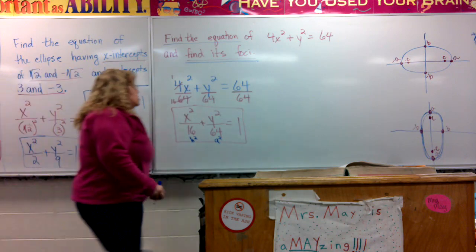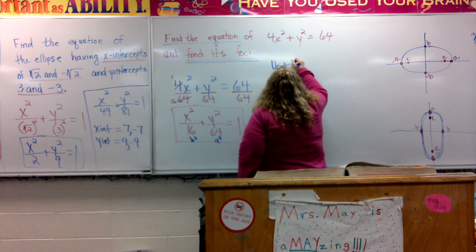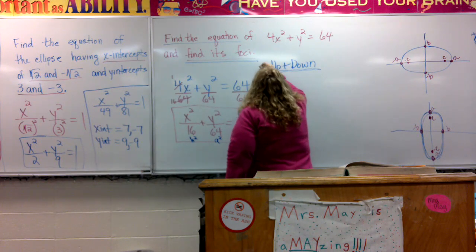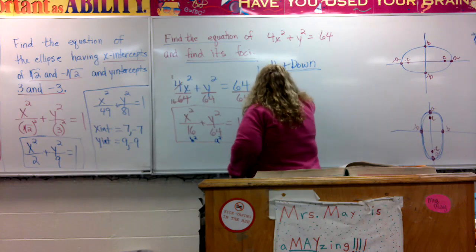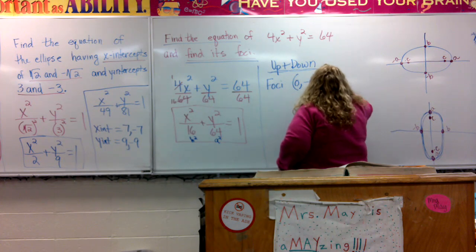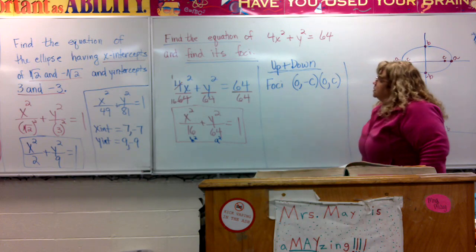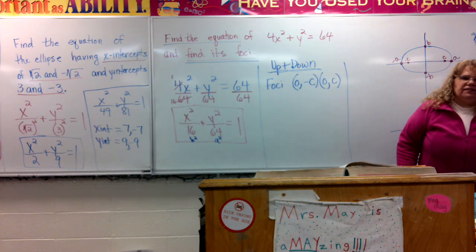So you know this one is up and down. And it says therefore in up and down, the foci are at 0, negative C, 0, C. Either case, we need to find the C. How are we going to find the C?